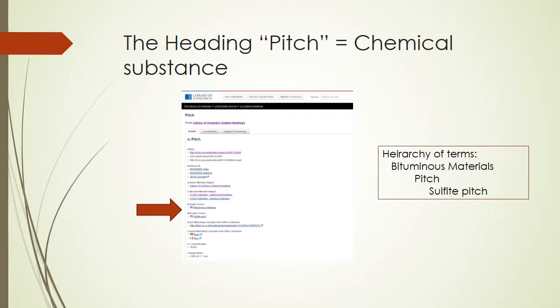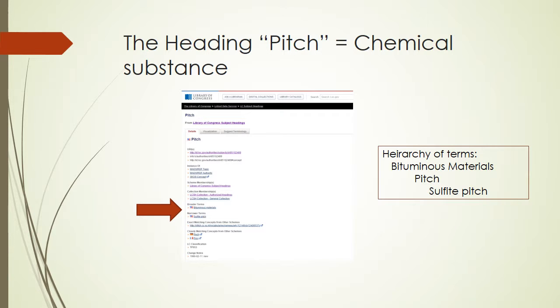How do I know it's a chemical substance? Because the broader term is bituminous materials, which is coal. Bituminous is coal. And the narrower term is sulfite pitch. So it's this black oily stuff. Okay? I also knew it from the LC classification number.